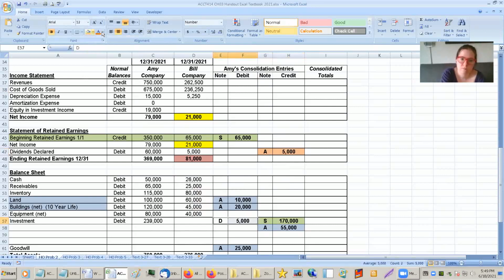Okay, so these dividends are going to go down to zero. Because if you think about it, the only dividends that really went out to anybody was the 60,000 that the parent company put out. These 5,000 of dividends weren't paid to anyone outside of the parent company. So we're going to take off these 5,000.